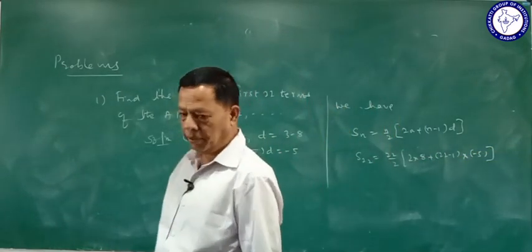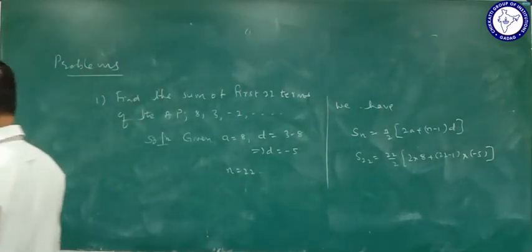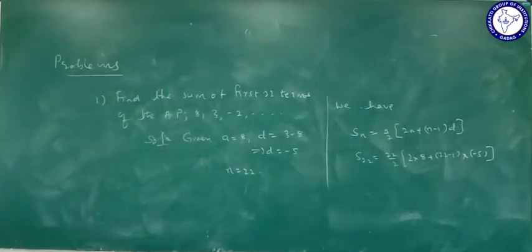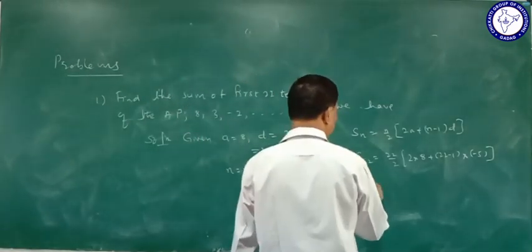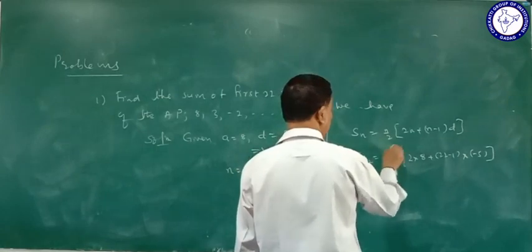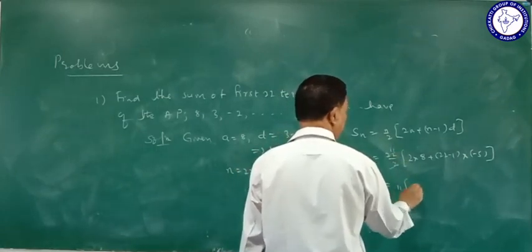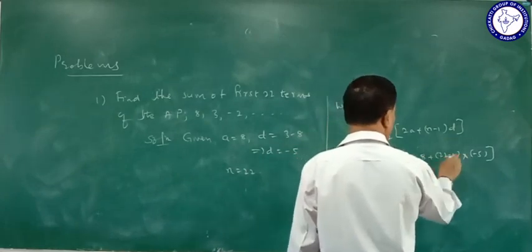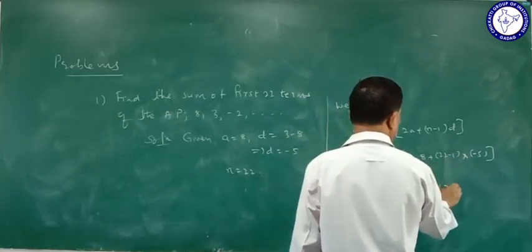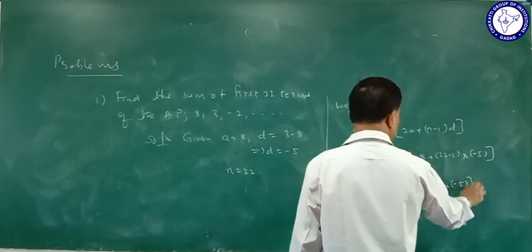So you write the formula and accordingly put in the values. Yes, you can simplify this. 22 by 2 is 11, so 11 into bracket 16 plus 21 into minus 5.